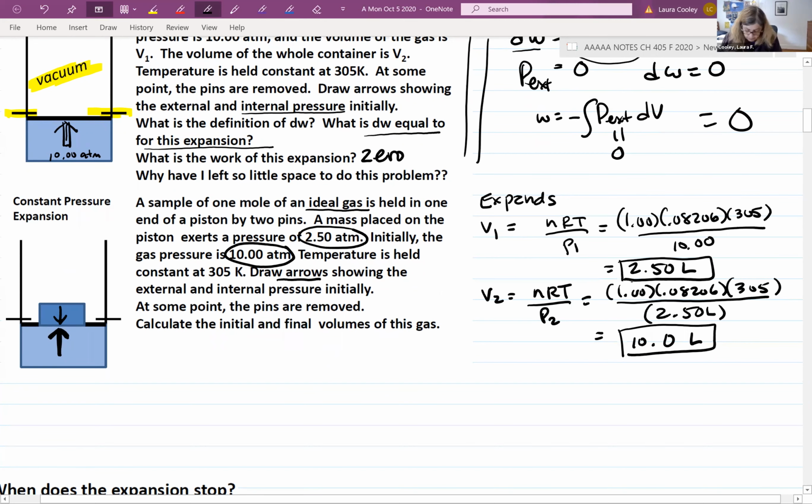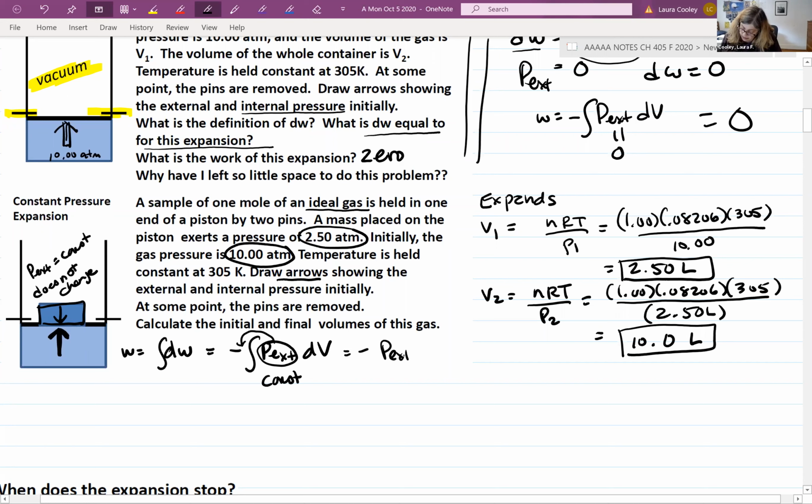So the work, the integral of dW, that's the integral of minus P external dV. We went through this last class. P external here is constant, right? We have this mass sitting on top, and that mass does not change. So P external is constant, so we can take it out of the integral. And the integral of dV is just V2 minus V1.